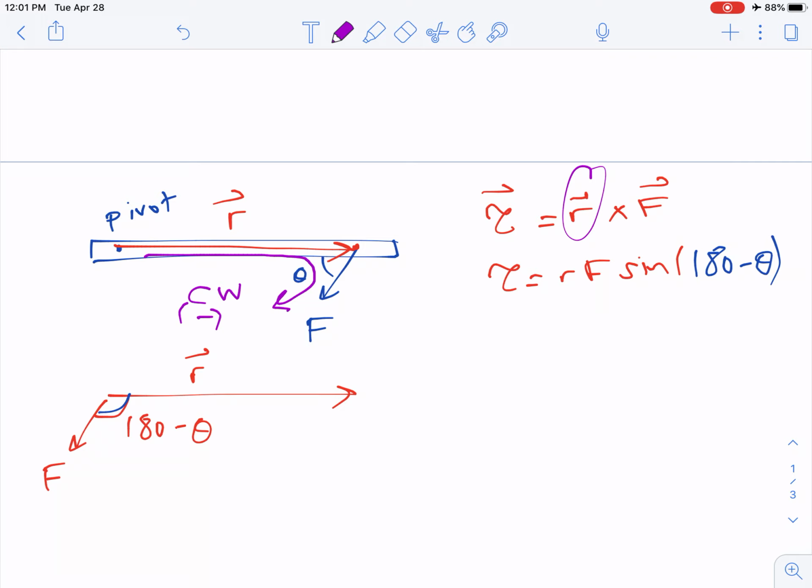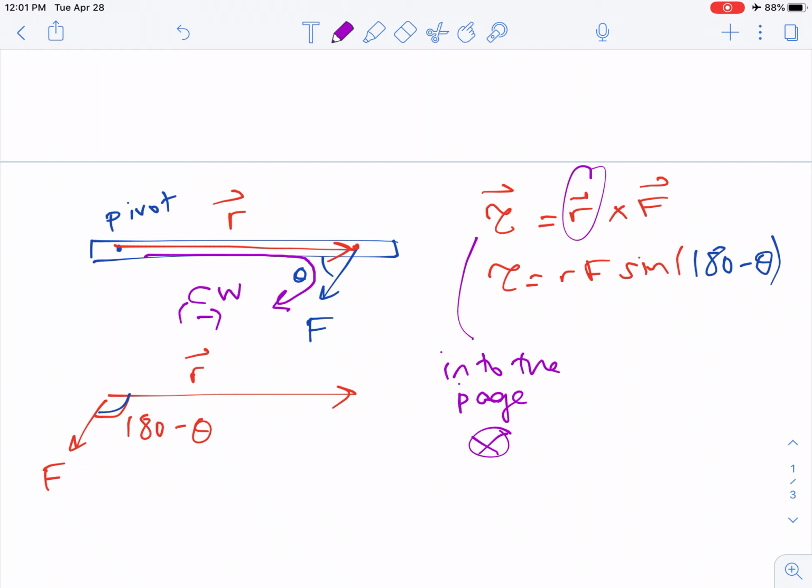Okay, so in this case, the thumb is into the page. We usually show that as a cross in a circle.